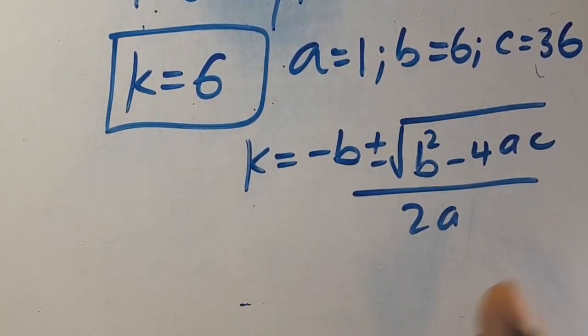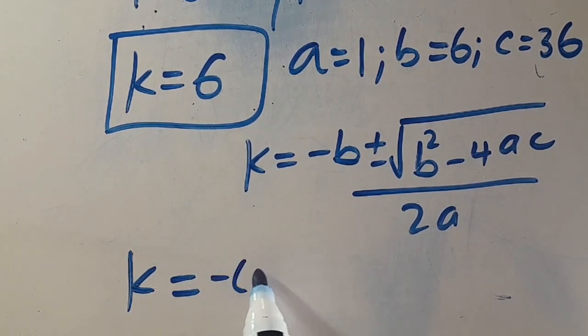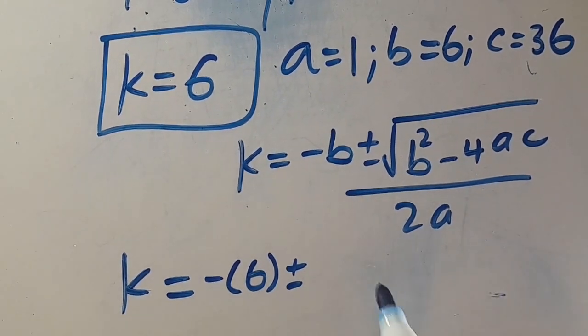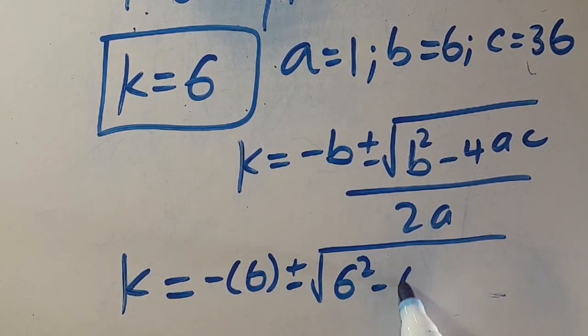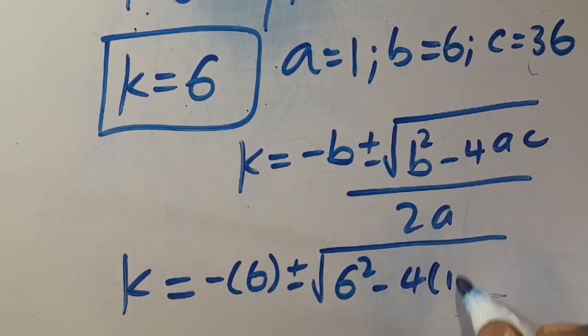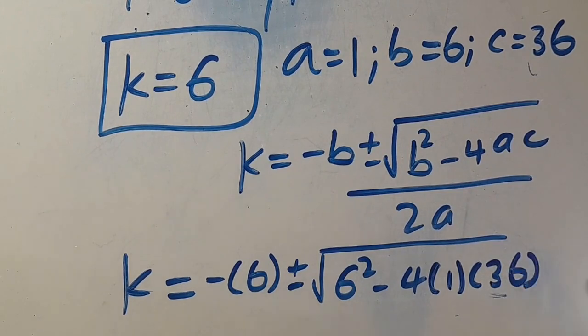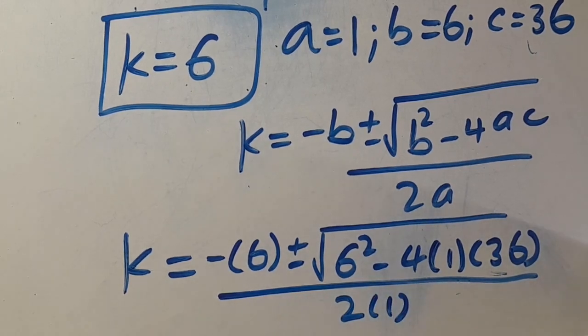So therefore, when you substitute everything, we have k equals minus, outside, 6, positive or negative, square root of 6 squared minus 4 multiplied by a, 1, multiplied by c, 36, then divided by 2 multiplied by 1.